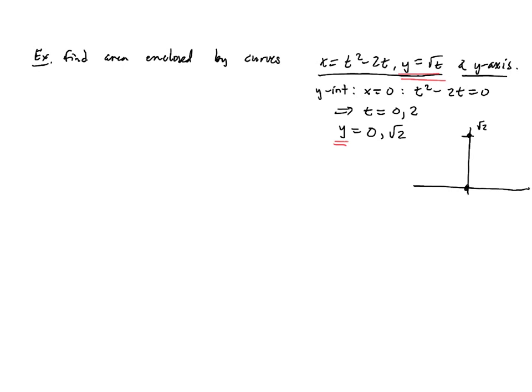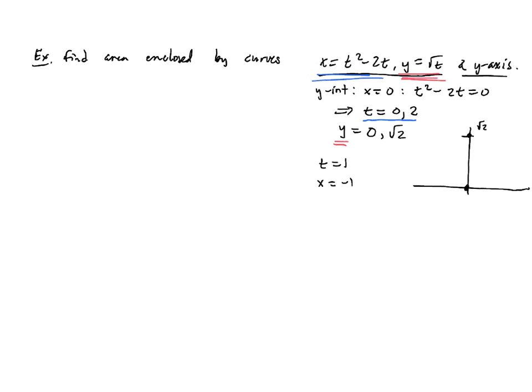And since I have written out what the t values are for 0 and 2, let's plot one more point with t equals 1 in between. And when I do that, we get x equals negative 1 by using my x curve up above here.